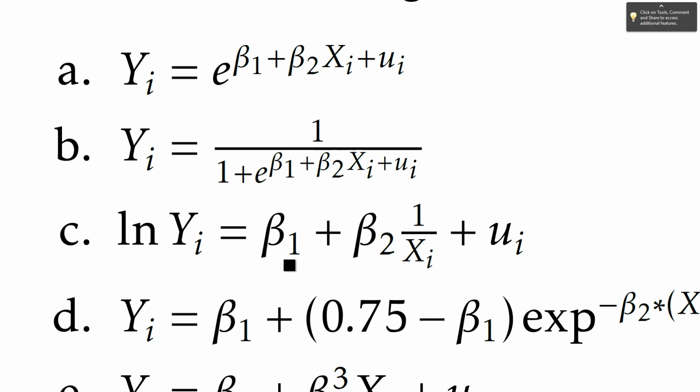So can we make the model yi equals 1 over 1 plus exponent, where the exponent is this thing, what we call z?